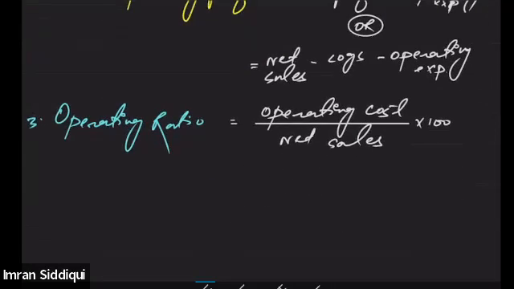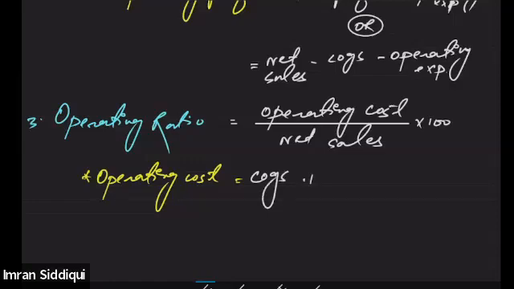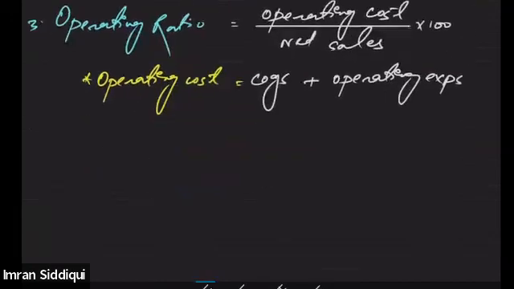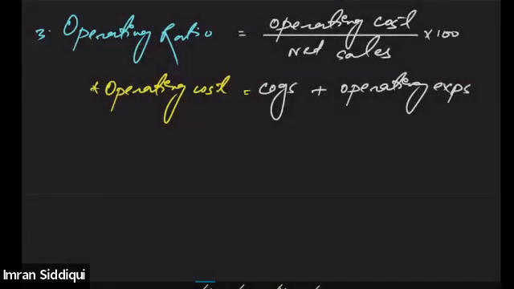And if you're wondering what is operating cost, let me also write down the formula for determining the operating cost. Operating cost can be calculated by adding the cost of goods sold and operating expenses. So all operating expenses plus the cost of goods sold is collectively called operating cost. Okay. Fourth ratio under this is net profit ratio.